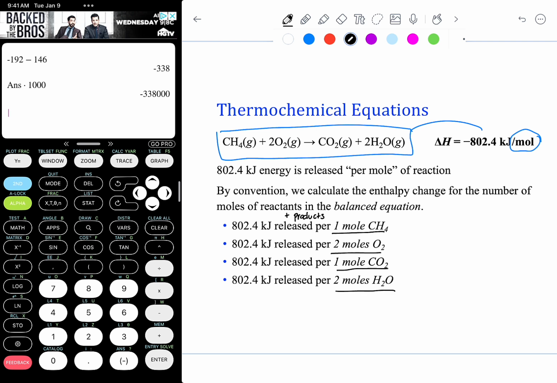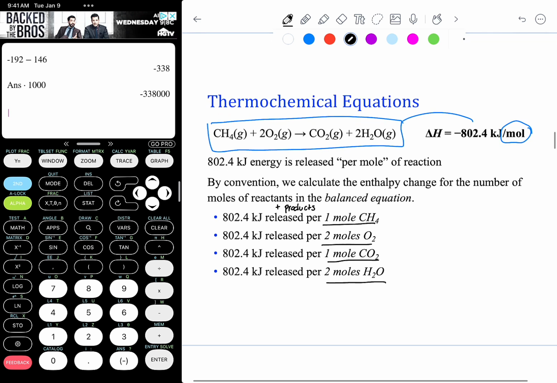A good way I like to show this is using a classic mole to mole ratio, only the mole to mole ratio is a little bit different than what we've seen in the past. So if I take this negative 802.4, this is going to be kilojoules per mole of reaction. Okay, my mole ratio I can now set up.